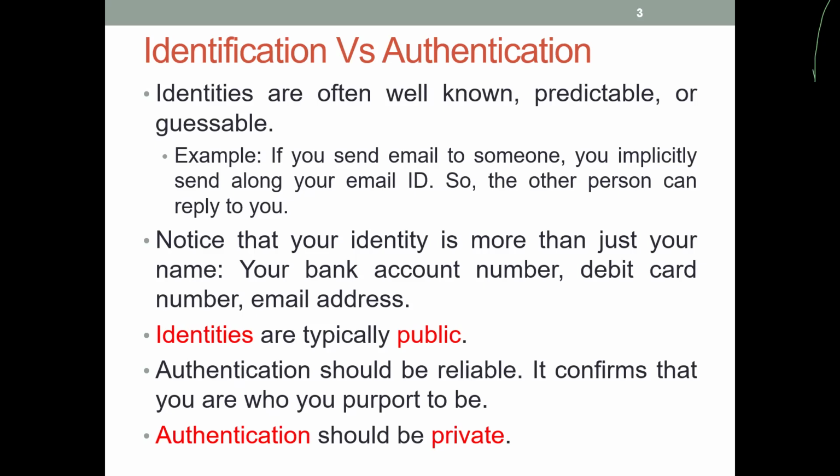We can maintain only the passwords as private credential details, the password or token keys. Likewise, we can maintain some private things. Anyhow, your identification information is public. Your email ID is identification detail, a publicly available thing.